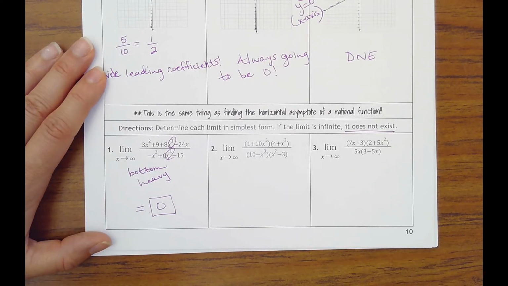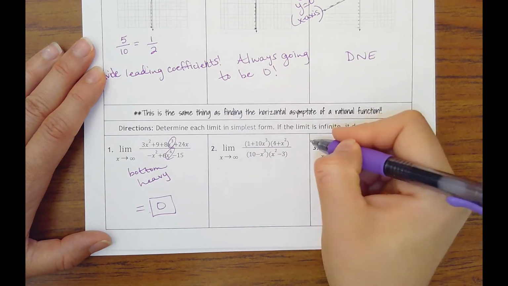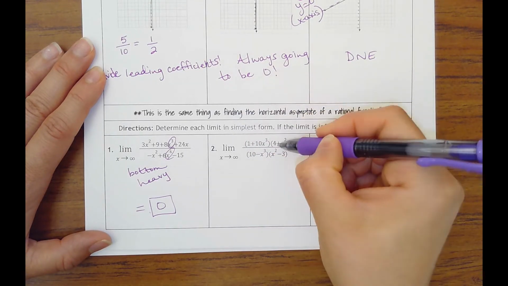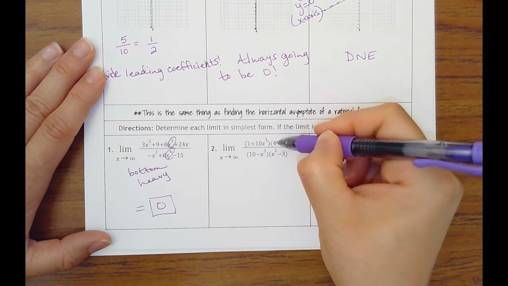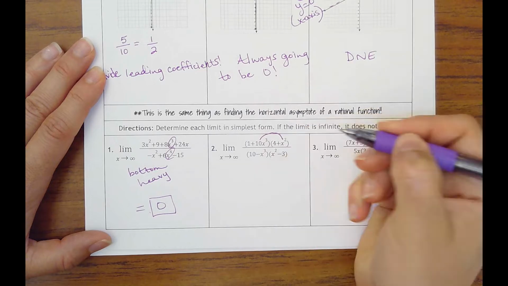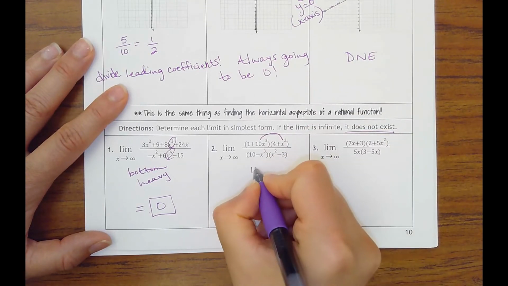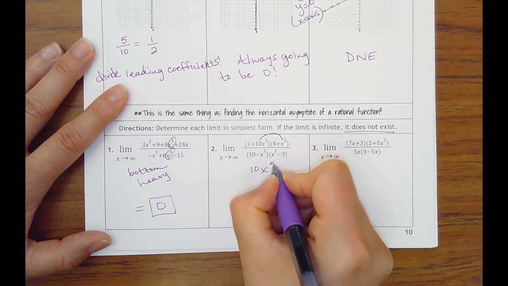All right, and number 2, this is in factored form. So the only thing we'd have to do is think about, well, if I FOILed it, what would my highest degree be? And I don't need to take time to FOIL the whole thing, because the first terms are just going to be a constant. Look at the outers squared, inners cubed. I want to take this times this, and I get a 10x to the 5th power.